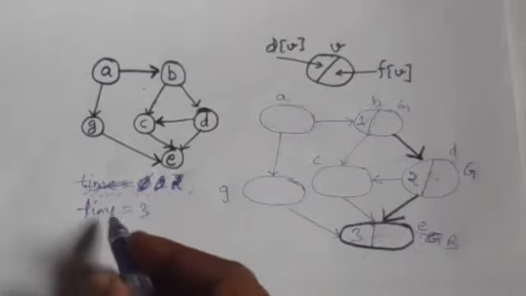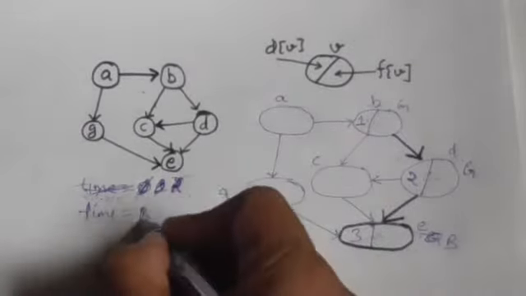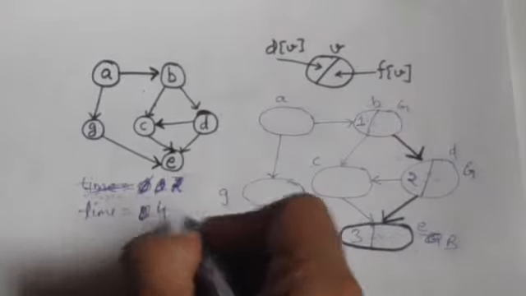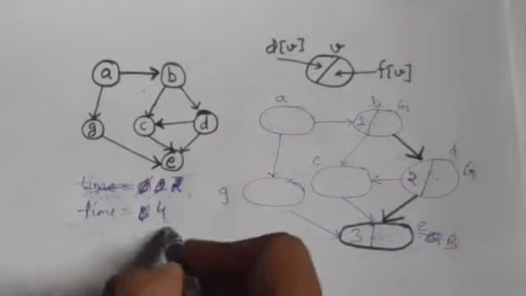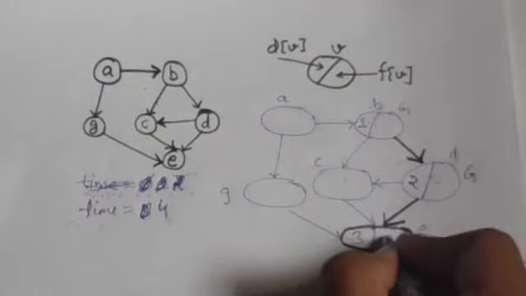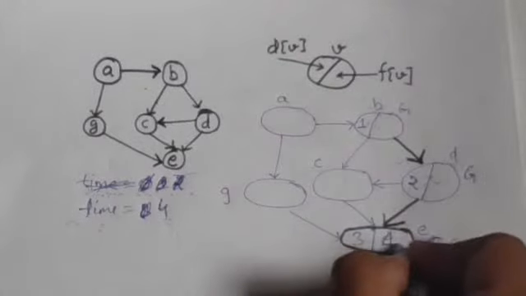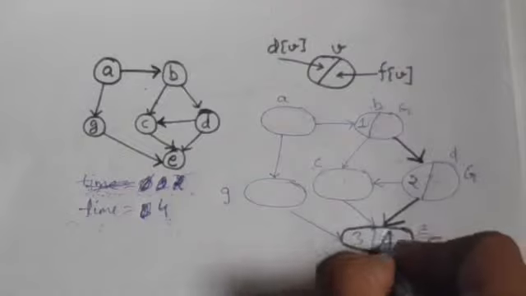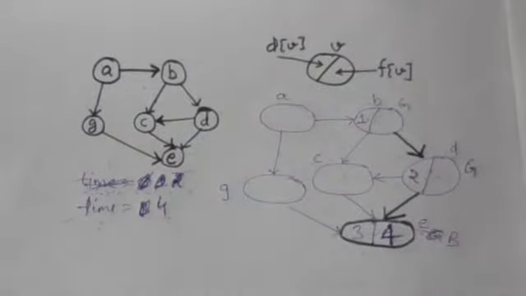Now we will increase the value of variable time by 1, right? Now the value of variable time has become 4. Now this value of variable time will be set as the finishing time of vertex E, right? So the finishing time of vertex E has become 4, right? So finishing time of vertex E is 4, right?